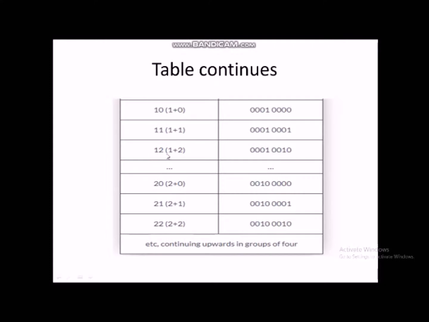And then it is just represented in BCD. For example, with 10, you represent 1 with 4 bits and then 0 with 4 bits. For 11, 1 with 4 bits, and the other 1 with 4 bits, and so on.